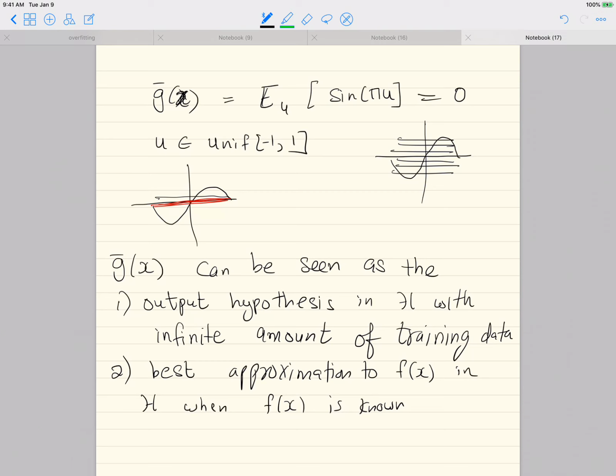Of course, g bar of x cannot be computed because you have only one training set with finite number of examples and you have to do your best output. So this is only a conceptual quantity, but it plays an important role in analysis. Any questions about g bar of x, what it is?